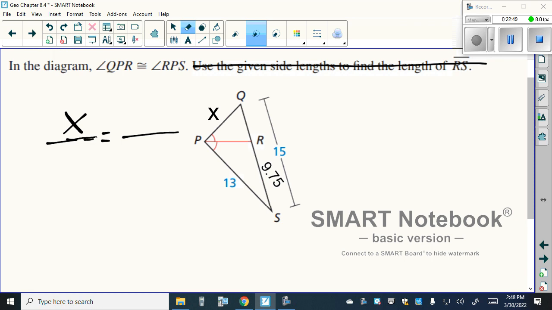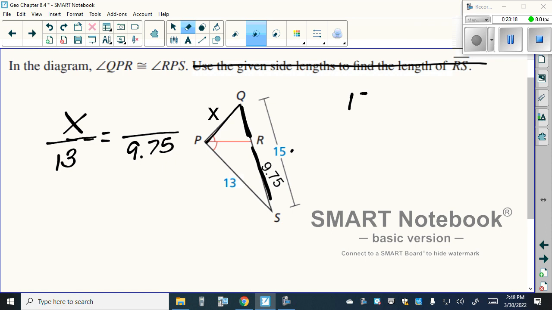Now, the side that is proportional to it is our 13. So we're going to have X over 13. Now, the side that connects to X is the length for QR. Do I know what that is? Right, we know that the other length is 9.75. But I do know that the whole length is 15.